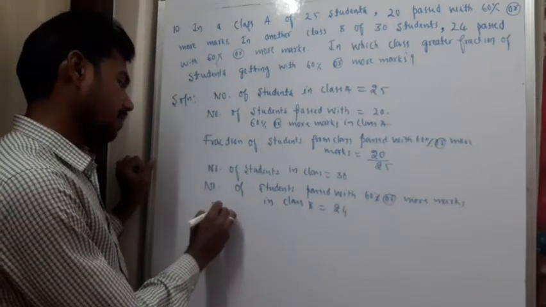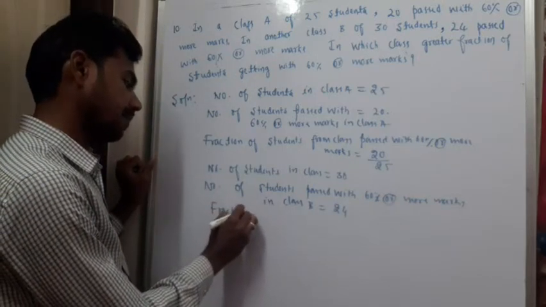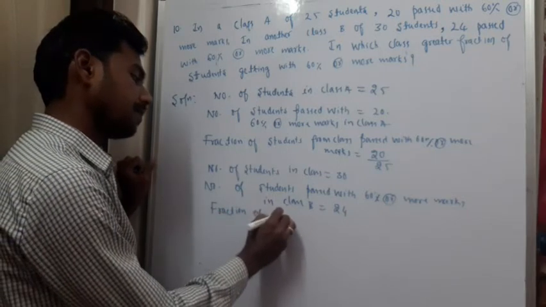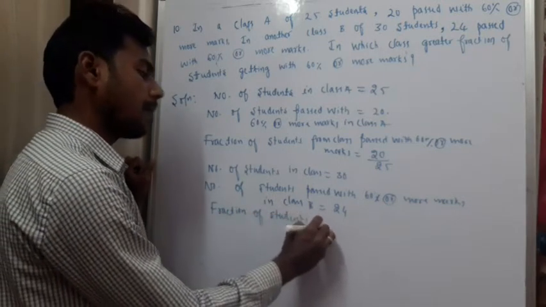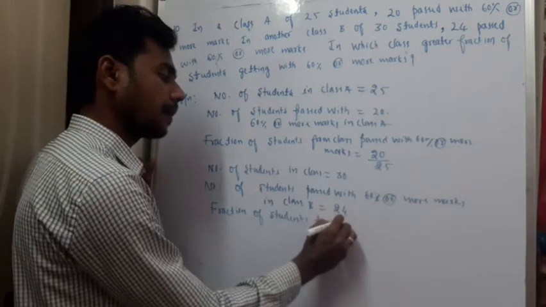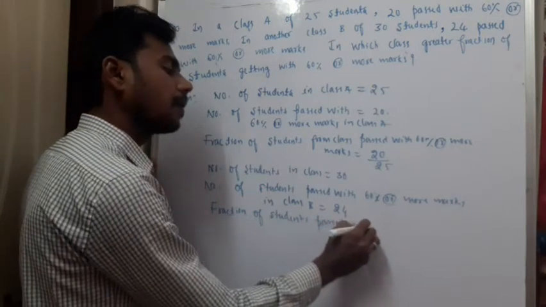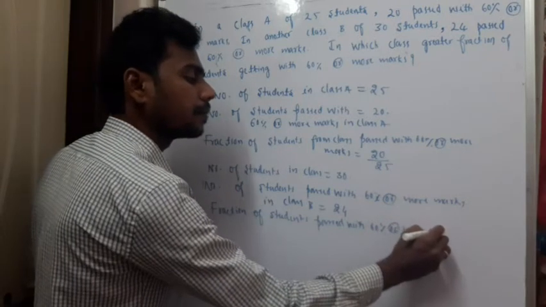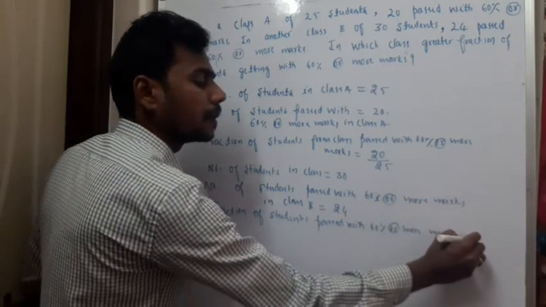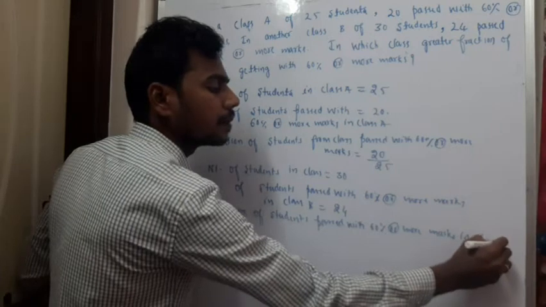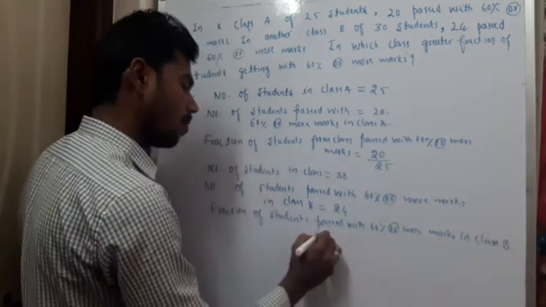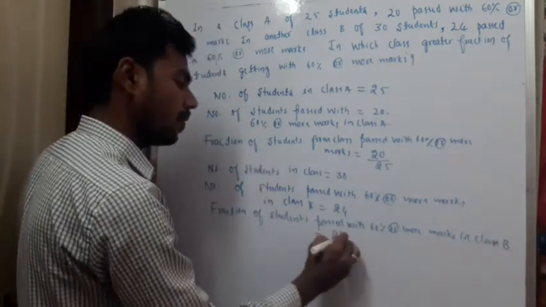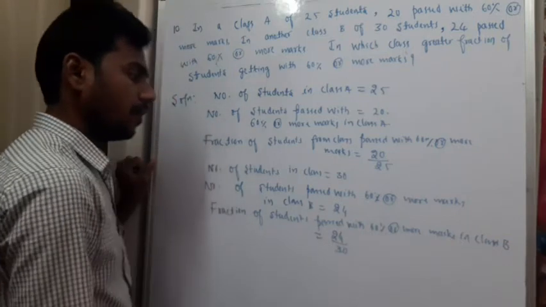So fraction of students passed with 60% or more marks in class B is equal to how much? 24 out of 30.